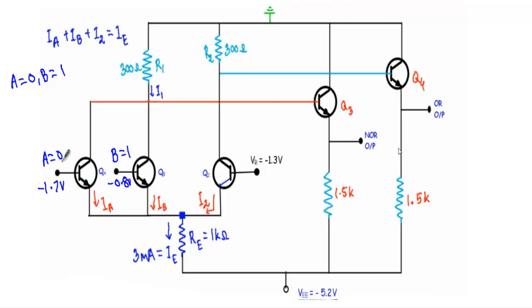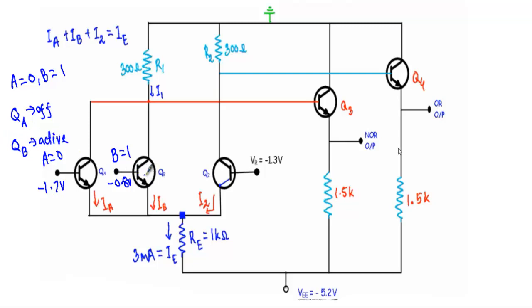As I am applying logic 0 here, our transistor QA will be in off state. As I am applying logic 1 at the input terminal B, our transistor QB will be in active region.